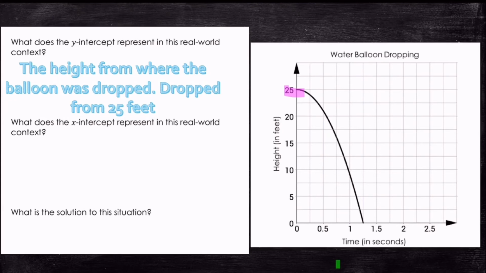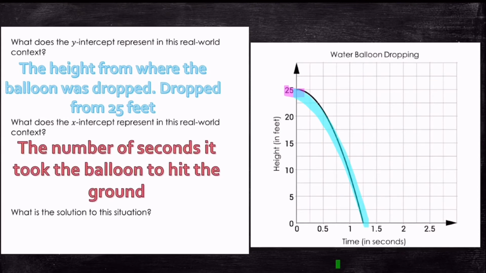Now, what does the x-intercept represent? Well, look what happened with your balloon. It took that path, right? It's the number of seconds it took the balloon to hit the ground. That's what it represents, because it went from 25 feet and followed that blue path down. And where it ended, okay, was where it hit the ground.